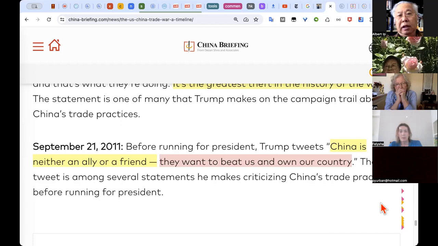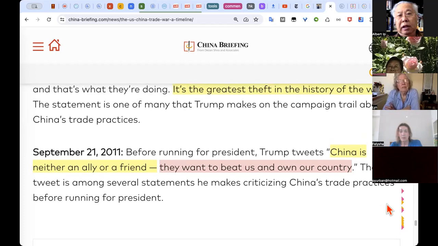And then you have to keep a very large force to hold your enemy down. It is not sustainable. So China never wants to own anybody, never wants to control the world, and never wants to beat anybody. China only wants to trade with everybody. So that was a wrong statement. I put it in red.